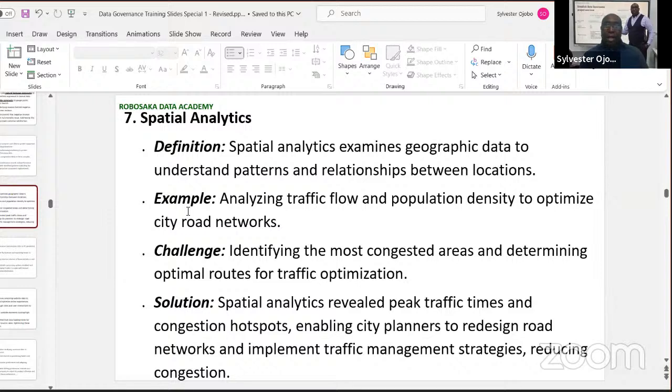That will show the relationship that exists between the two locations. An example of it is analyzing traffic flow and population density to optimize city road networks. Can we have another example?